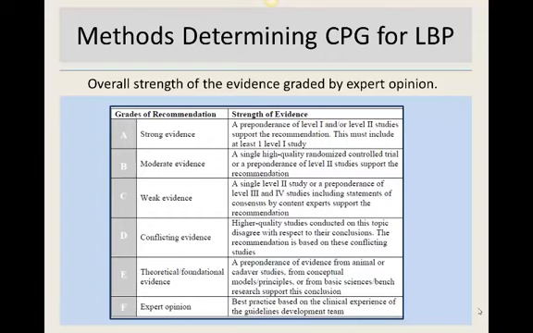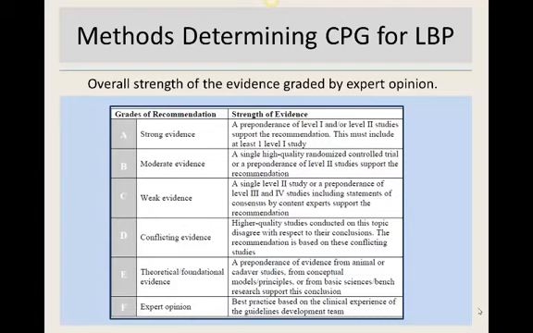Weak evidence, C, was a single level 2 or could be level 3 and 4 studies, and could be statements of consensus or expert opinion. D, conflicting evidence may have higher quality studies, but some of these studies may disagree with each other on their conclusions. So then with conflicting evidence, they would be given a D grade.